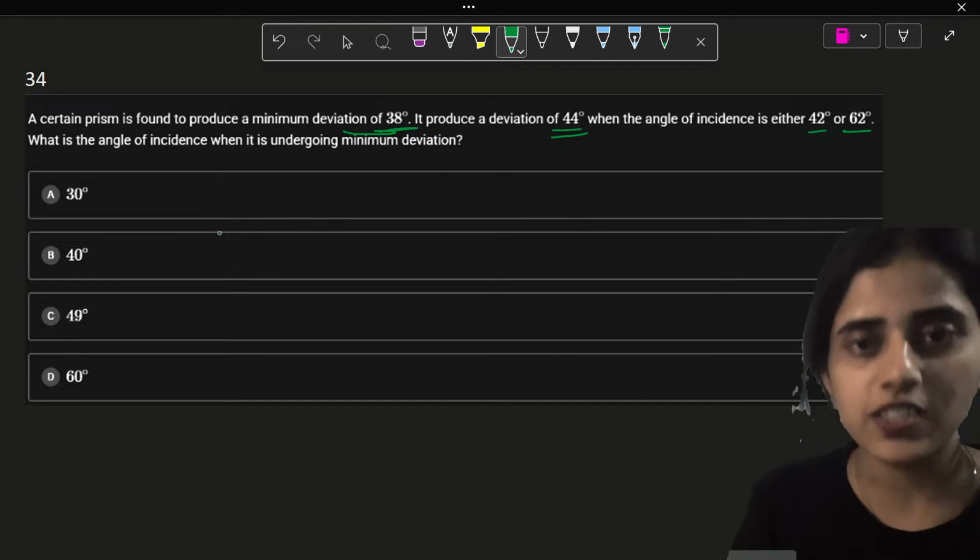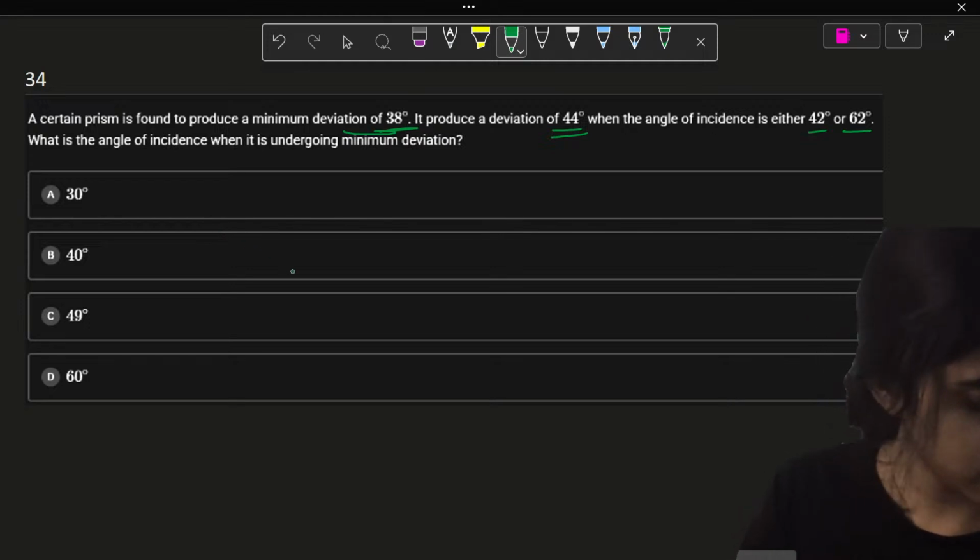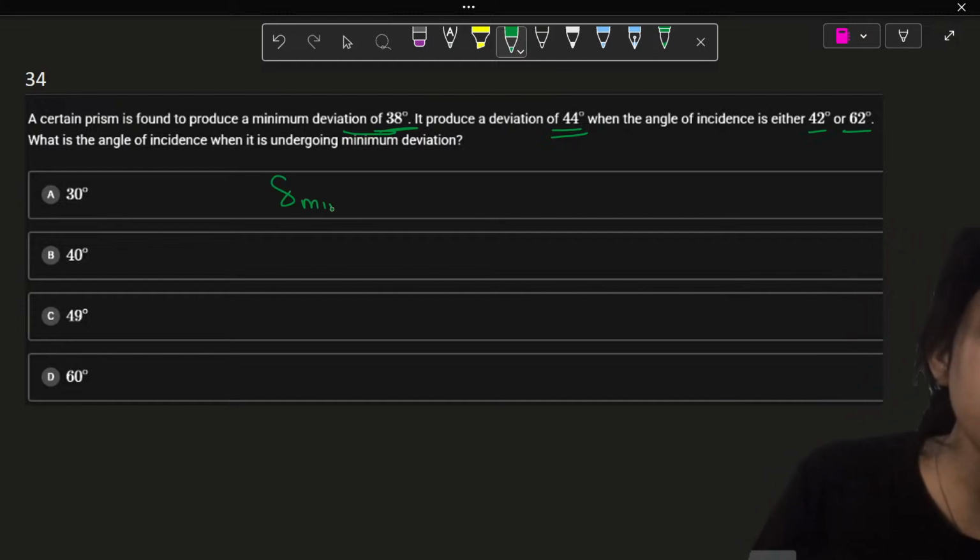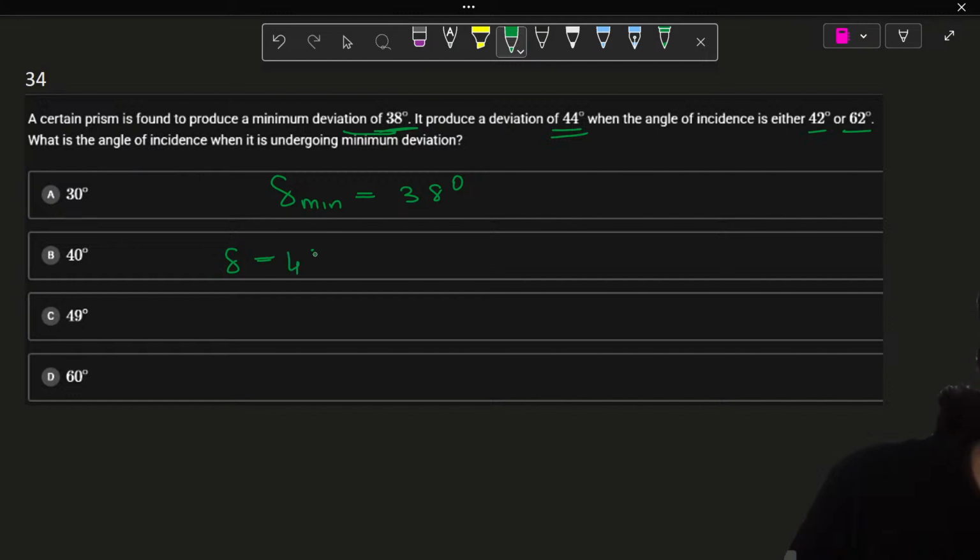The rest of the question, I'll give it to you as homework. So, this question, delta minimum is how much? It's given to you as 38 degrees. Now, the deviation delta is 44 for i equals 42 degree and 62 degree.